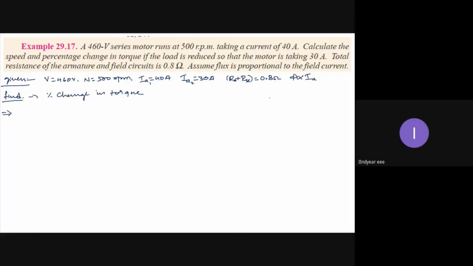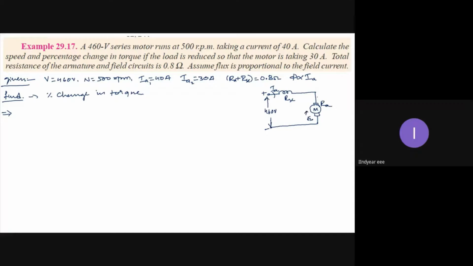So first, the series motor: 460 volts, this is IA, this is RSC and this is RA.